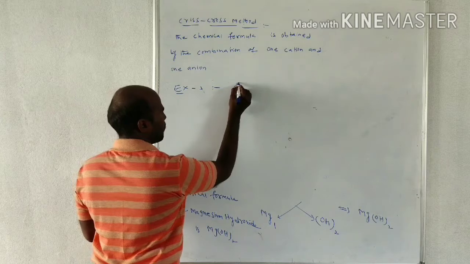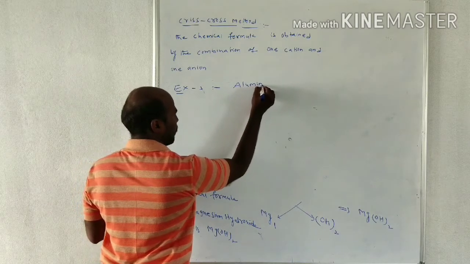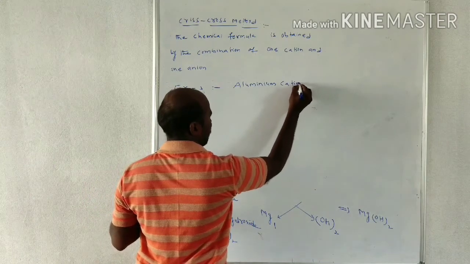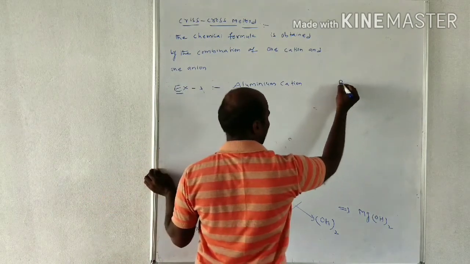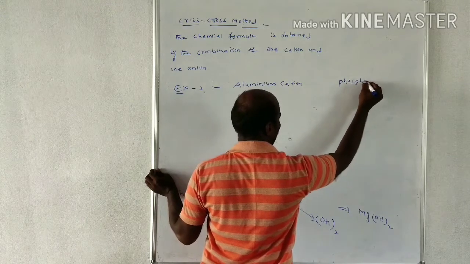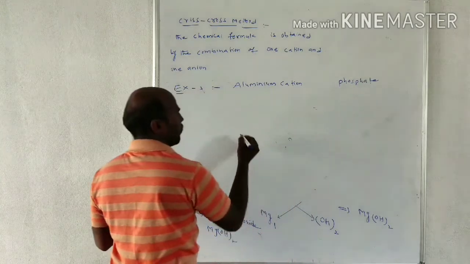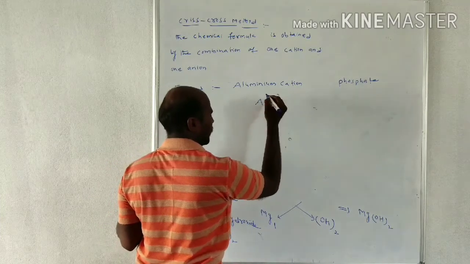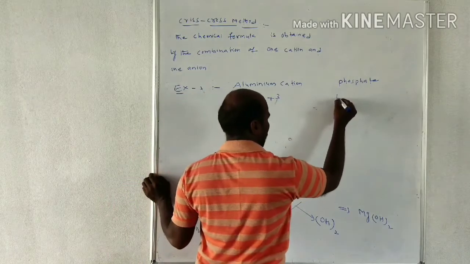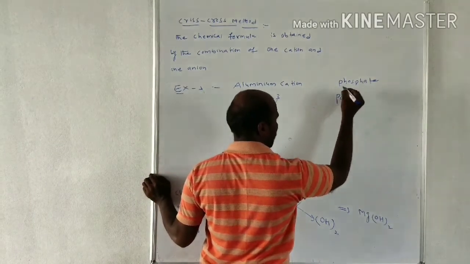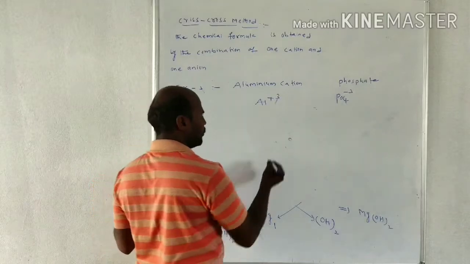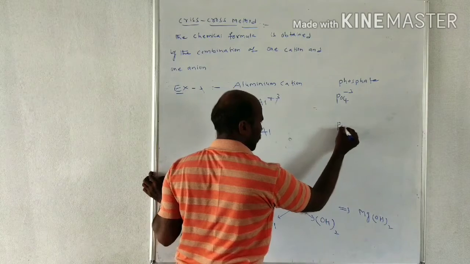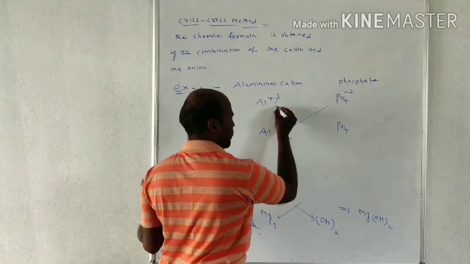Aluminium phosphate: aluminium cation and phosphate. What is the symbol for the aluminium cation? Al plus 3. Phosphate, PO4 minus 3. So we write Al and phosphate PO4, and draw the cross mark.